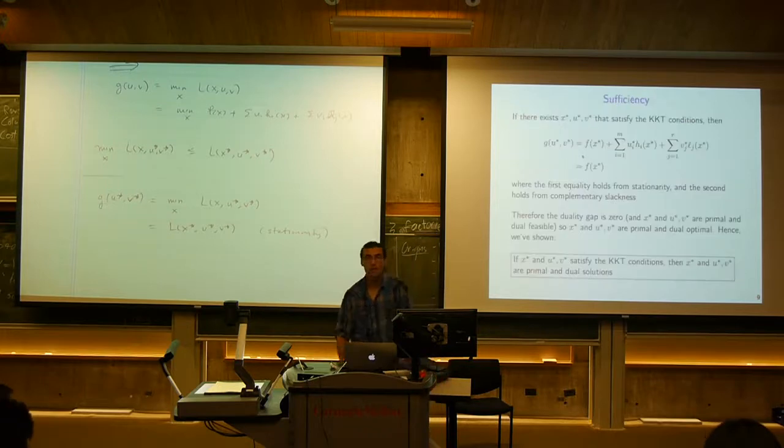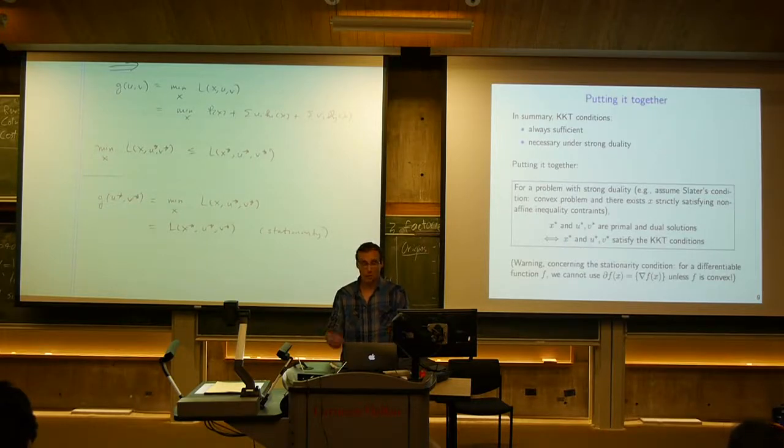There was nothing here that assumed convexity of the problem. As soon as you satisfy the KKT conditions, you have the optimal primal and dual solutions. And they're necessary under strong duality. If you have strong duality for your problem and you have solutions, then they must satisfy the KKT conditions.